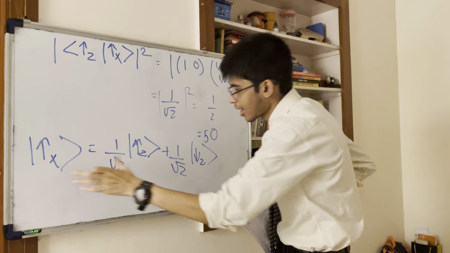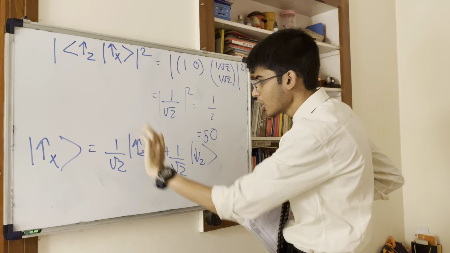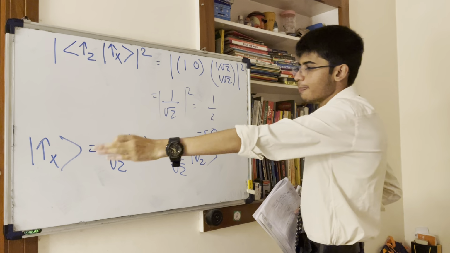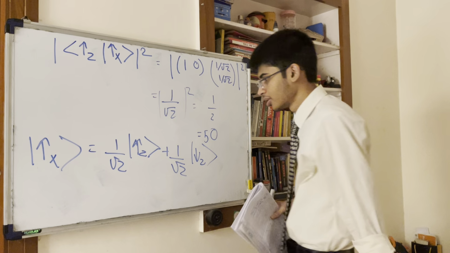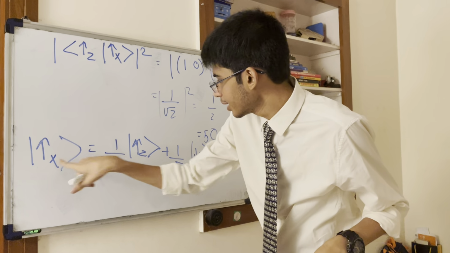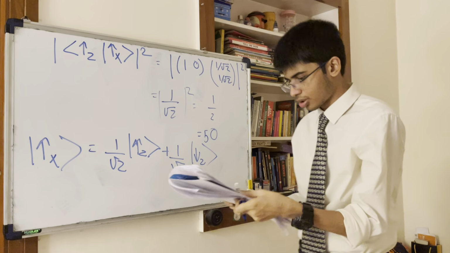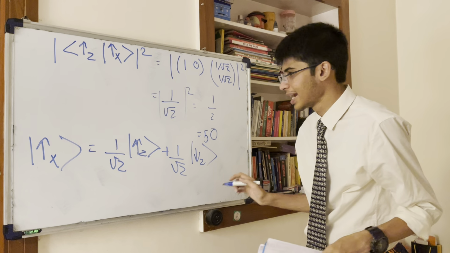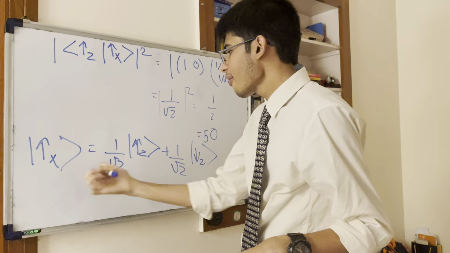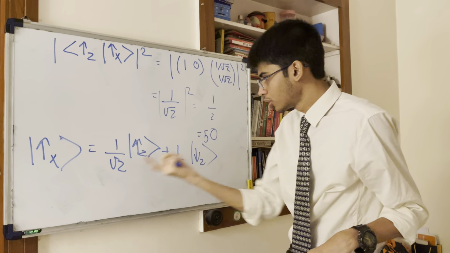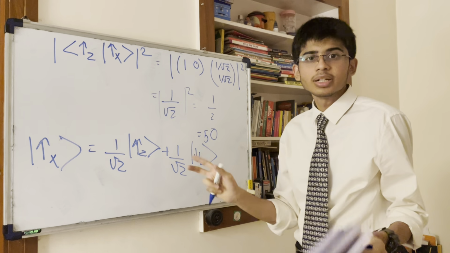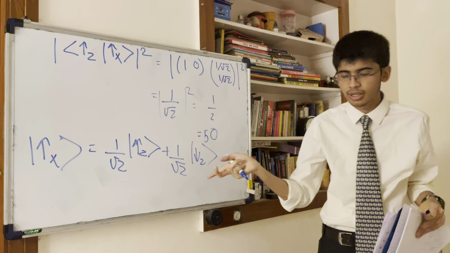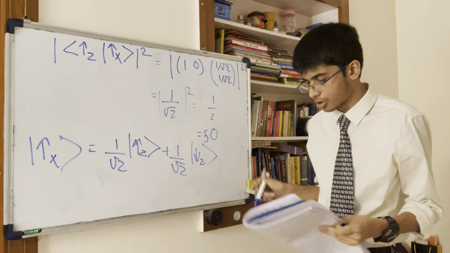I'm expressing this as a combination of spin up of z and spin down of z. Why can I do it? Because it works out mathematically. If you compare the bases, this will work out to this. So because I'm expressing one state as a combination of two, I can say that this is a superposition, because there are more than one state. By the way, these are called states. So I have one state, expressed as a combination of two states simultaneously. This is mathematically what a superposition looks like.